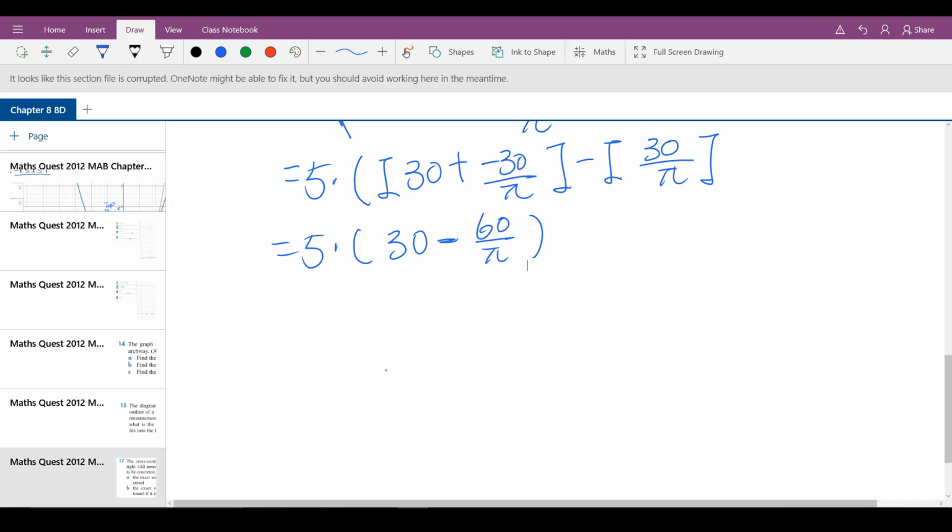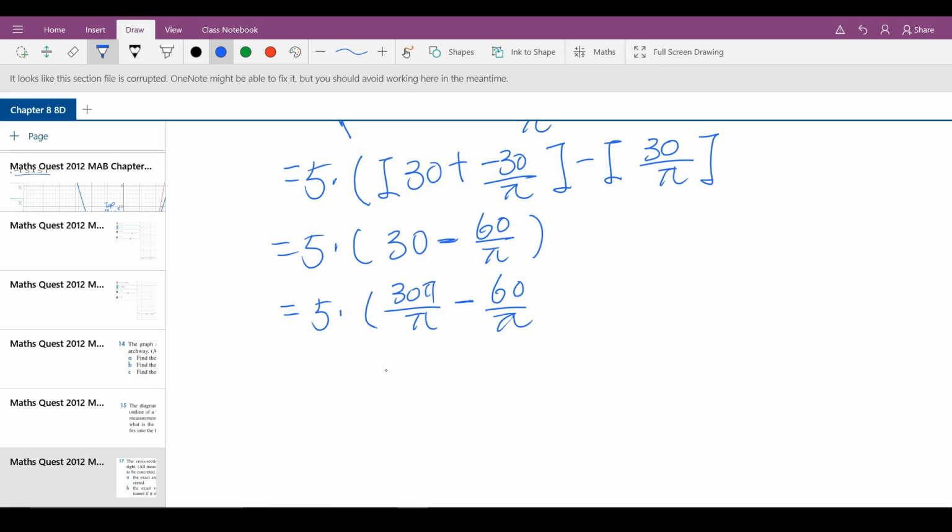Right? So that gives you, let's find a common denominator, which is pi, so 30 pi over pi minus 60 over pi. Does that make it easier? Let's just calculate it out.